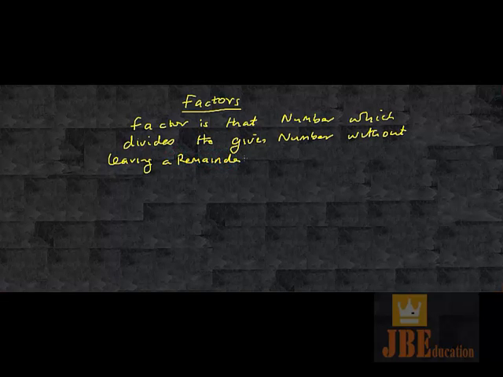So, in other words, if you have a number, say 10, and you want to know all the factors of the number 10, simply what you need to do is look for all those numbers which can divide 10 without leaving the remainder.